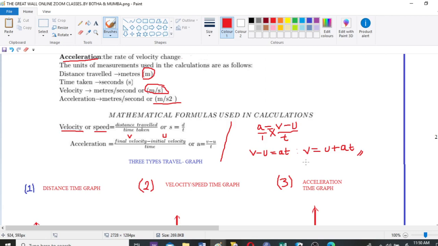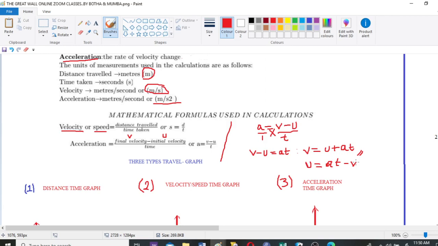And if we need initial velocity, we can still make u the subject of the formula, which will be u is equal to what? u is equal to at, okay, because when we take v to the other side of the equation, we're going to have negative v, isn't it? Yes. That's why always when you are calculating for acceleration, you'll find that for retardation, which is the opposite of acceleration, it will always be a negative.